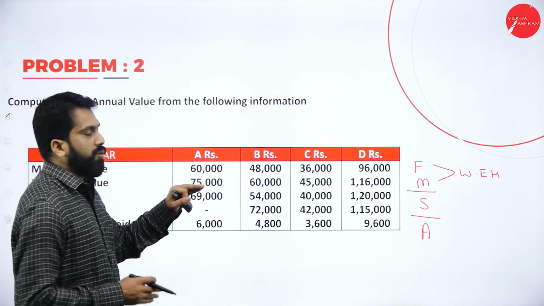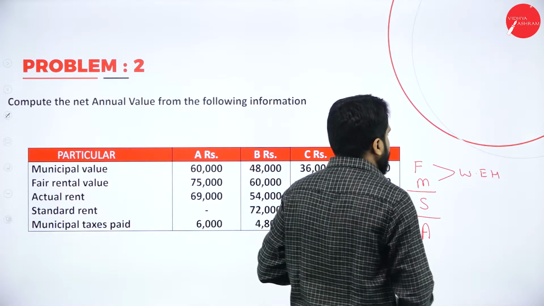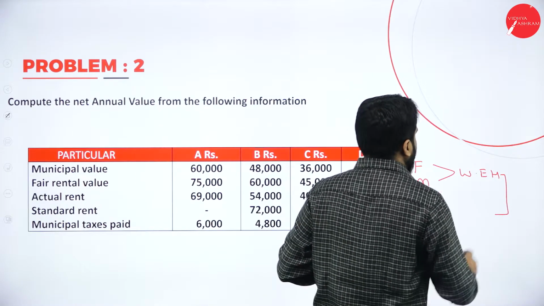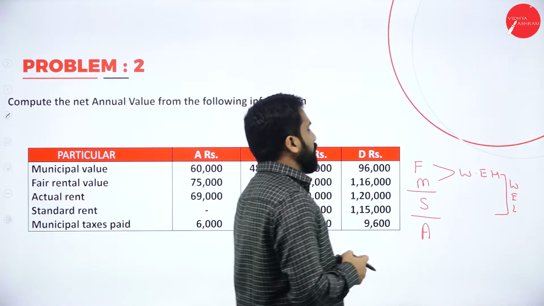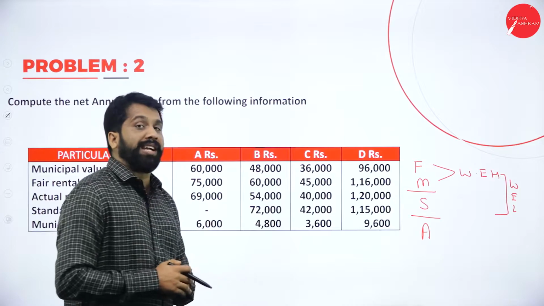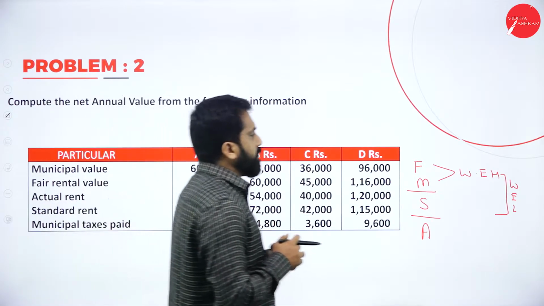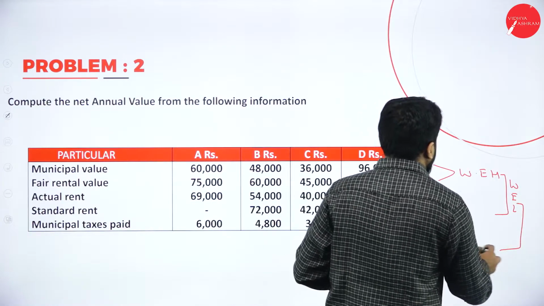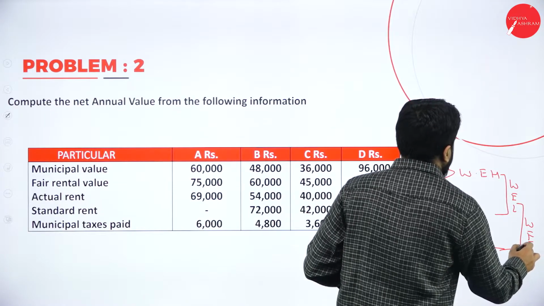Out of these two, whichever is higher. Now, your answer or your standard rent, whichever is less, we have to consider. And finally, your actual rent or else your answer, whichever is higher.